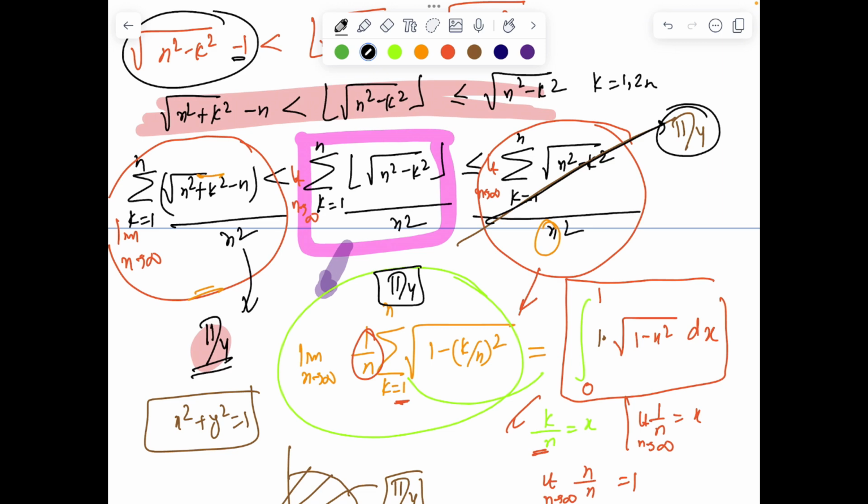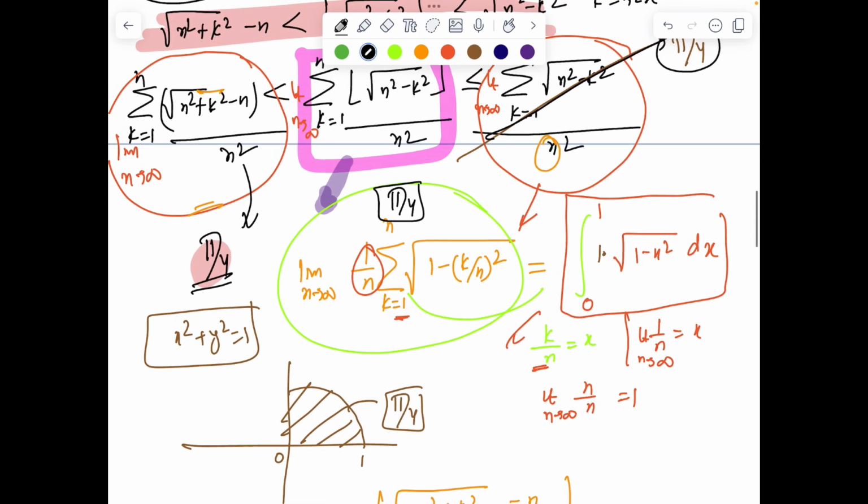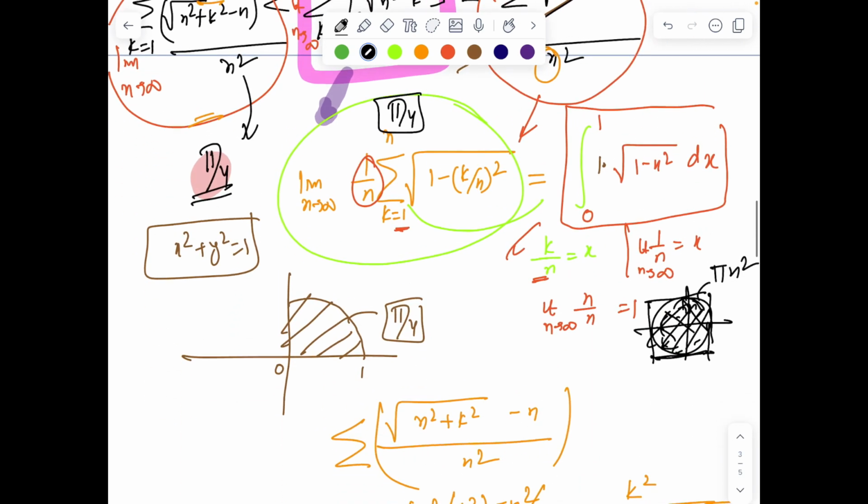And that was quite a beautiful question, because you can clearly see the sense of it. As the n value increases, the area of the circle becomes almost pi n square, and the number of lattice points in the limiting sense is almost equal to it.